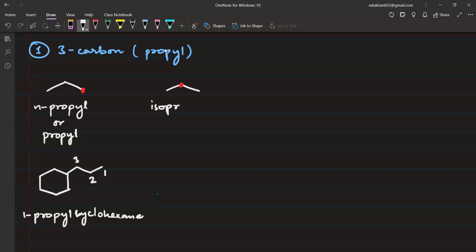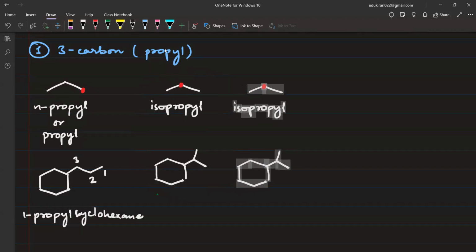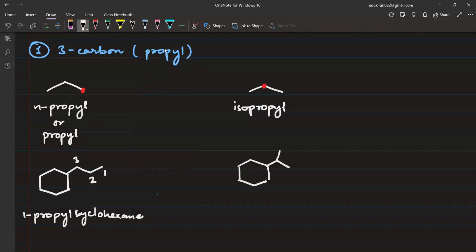Now this will be attached with propyl group like this. This particular compound will become isopropylcyclohexane, and we can add 1 here in order to number it.